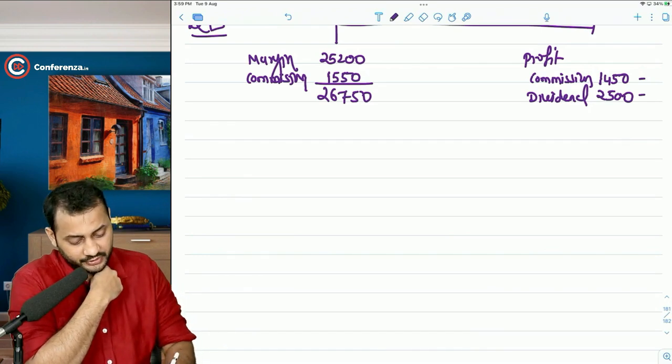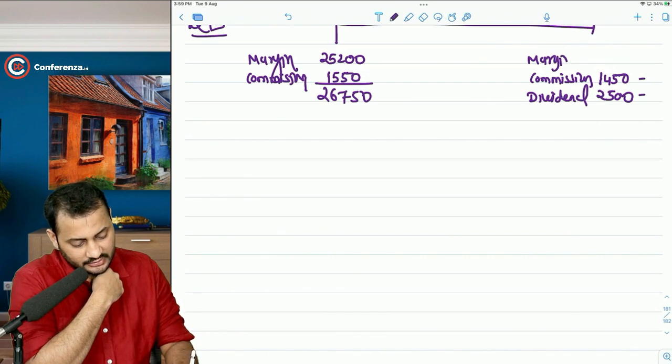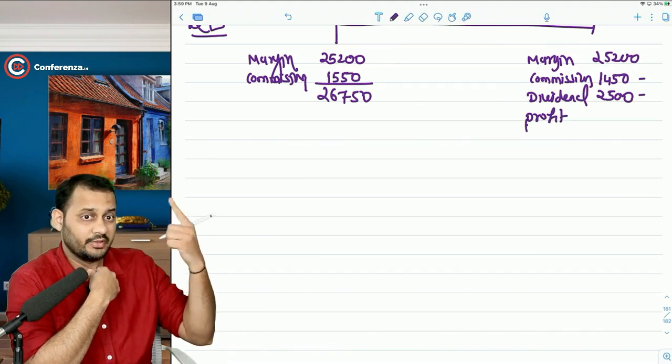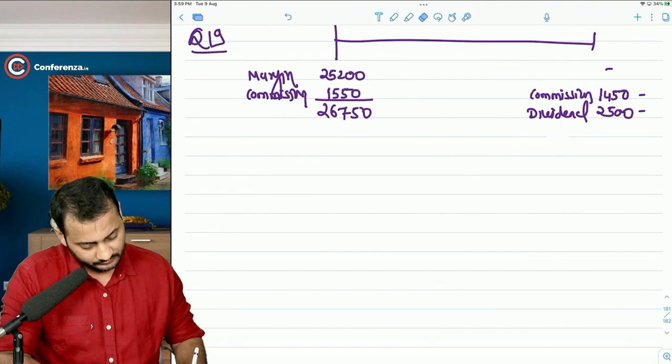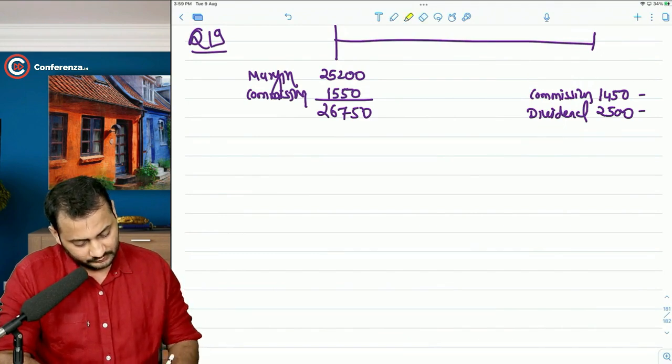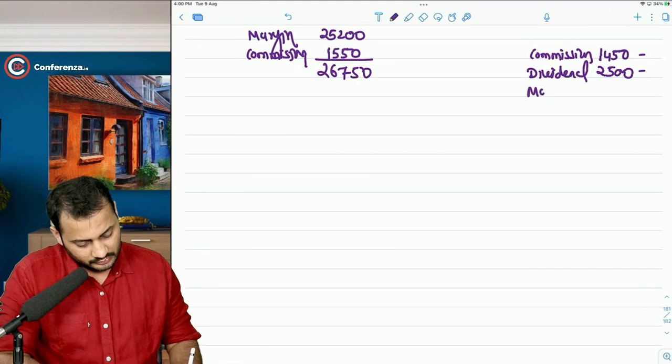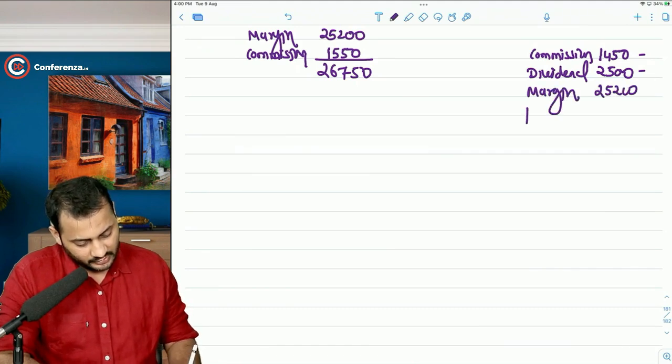Profit on your position. You will receive your margin balance as it is back, but profit will get added to that margin account. Let me just write it like this: margin 25,200. Along with that, you will receive a profit on your transaction.